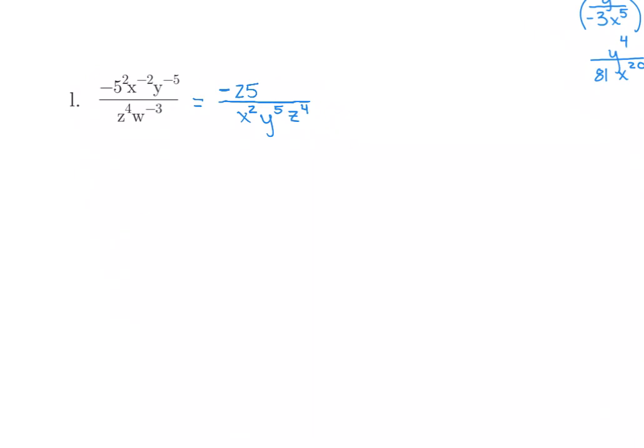And w to the negative 3 has a negative exponent, so I'm going to move it to the top. We end up with negative 25 w cubed over x squared, y to the 5th, z to the 4th.